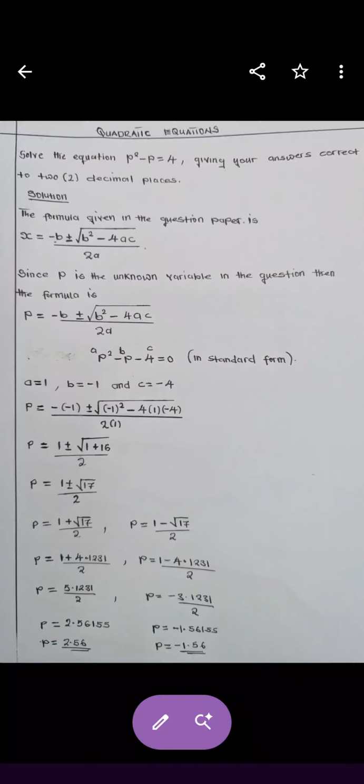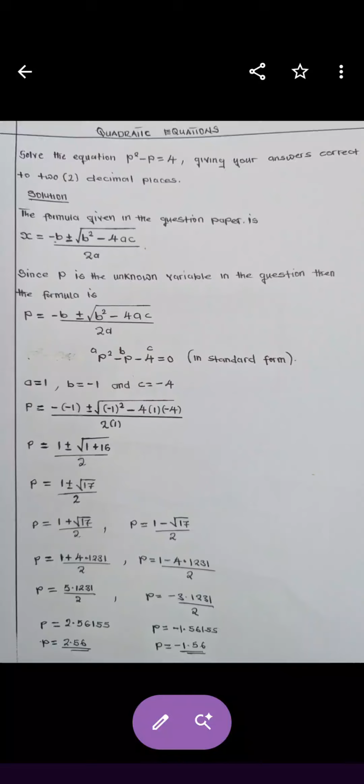Make sure the equation is in standard form before you identify the values of a, b, and c.